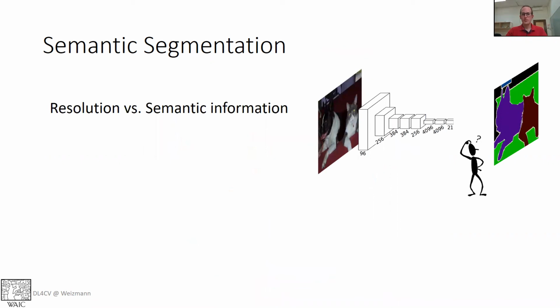So to recap, the challenge in semantic segmentation is the trade-off between resolution, since we need fine details in the pixel classification output, and semantic information, since we need context and a large receptive field. We saw the fully convolutional network approach that uses upsampling at once using transposed convolution.